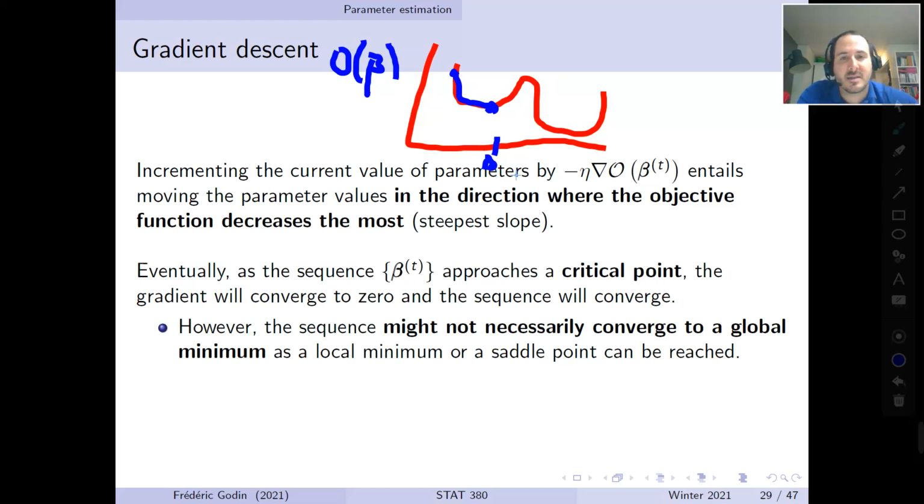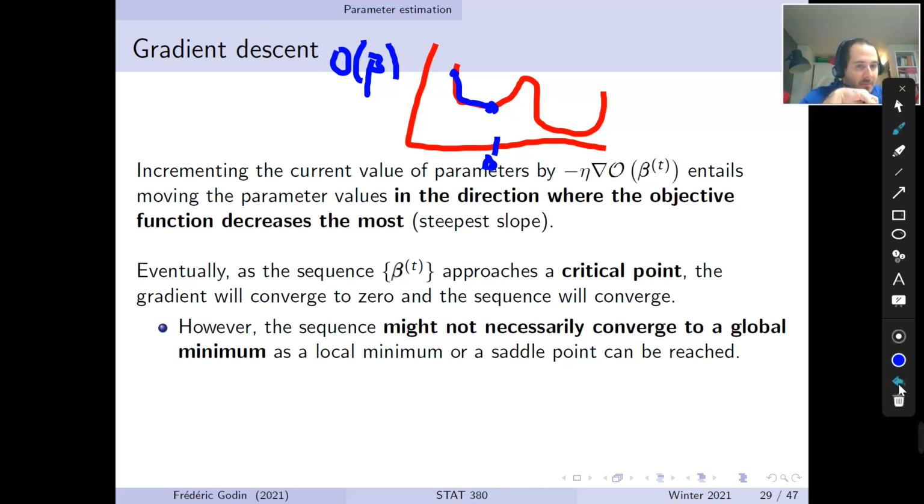Here, this is assuming beta is one-dimensional, but of course, in a neural network setting, the dimension of the predictor space is not 1. It's very high in practice. This highlights that using gradient descent might lead to estimates of parameters, but these might not be the best possible estimates, because you might converge to a local optimum instead of a global one.